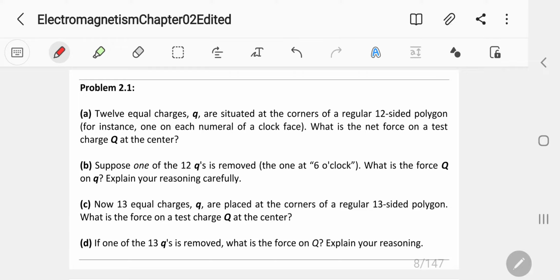Now B, suppose one of the 12 Qs is removed, the one at 6 o'clock. What is the force on Q? Explain your reasoning carefully. So how about if there are 13 charges? You can also solve that. It's just superposition of vectors.